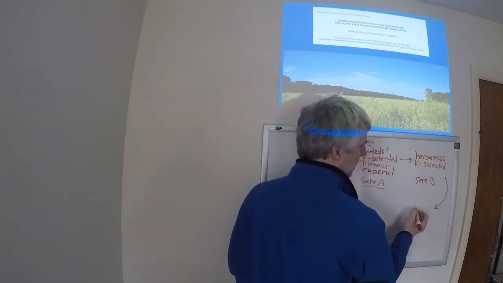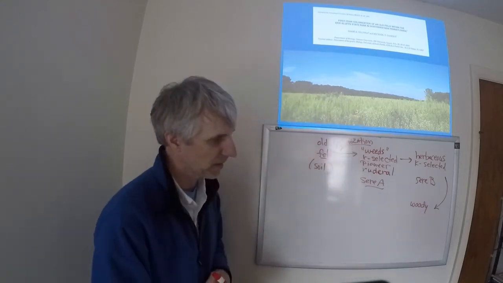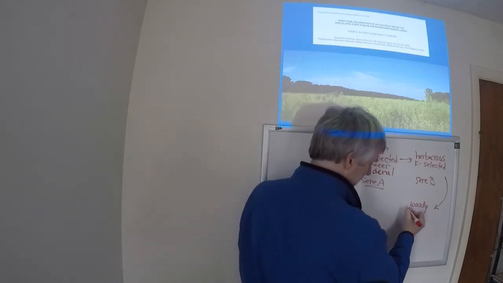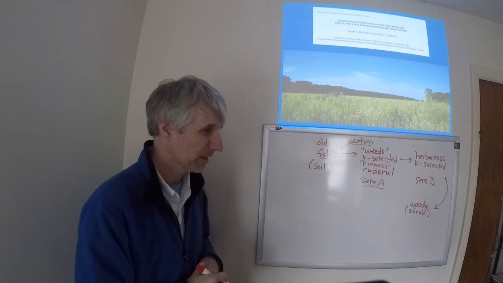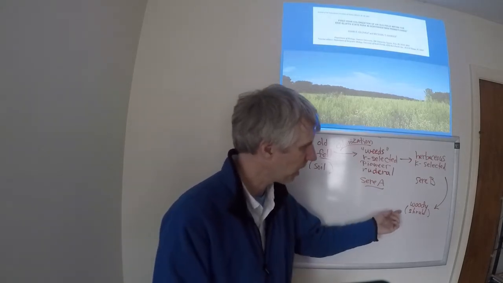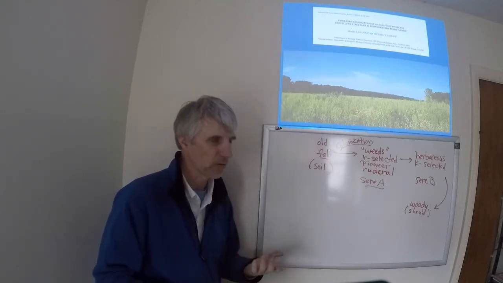Now, over time, we're going to get some woody species that begin to move in. But these initial woody species that move in are more shrub-like, meaning multiple stems. Around here, these kind of shrubby species would be things like sumac or multiflora rose.